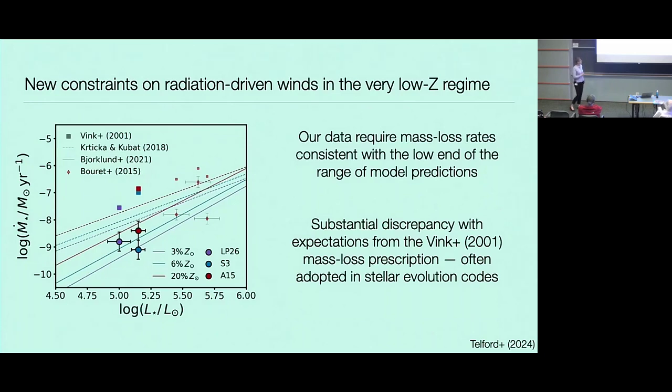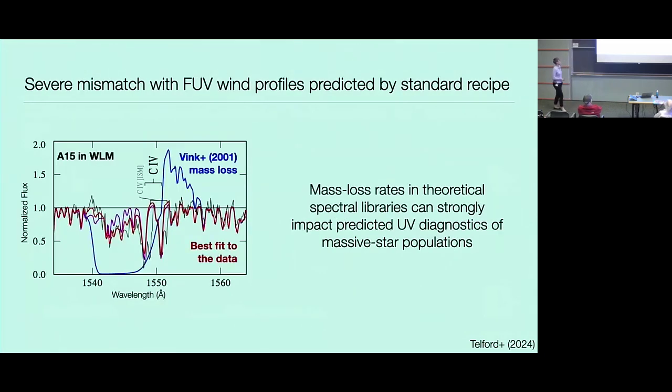So to drive this point home, this figure is showing the difference between our best fit model, which is the red line here, and the blue model, which adopts the mass loss rate that's predicted by this Vink et al. prescription if I plug in all of the inferred properties of the star from our best fit model. So this looks very different, and it's, I think, worth considering in this community, right?